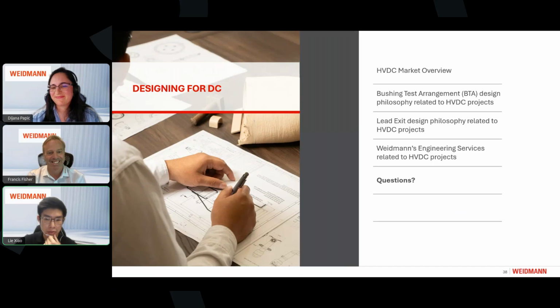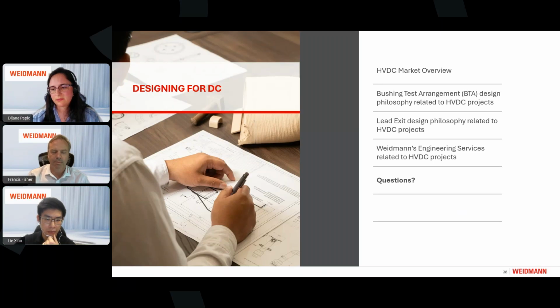Okay, so if we compare HVAC and HVDC, looking at the properties of the material, the HVAC design of the insulation is more straightforward because we have a permittivity value which is quite stable. For the HVDC design, the conductivity is not a constant. It will be affected by the temperature, the local stress, and so on.